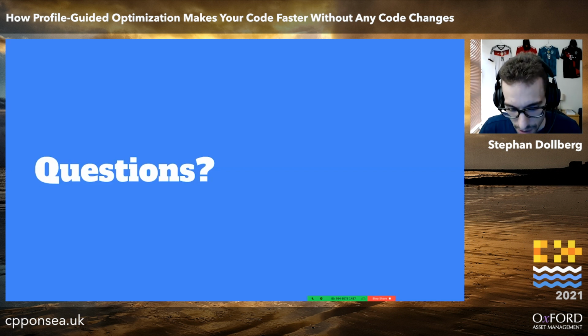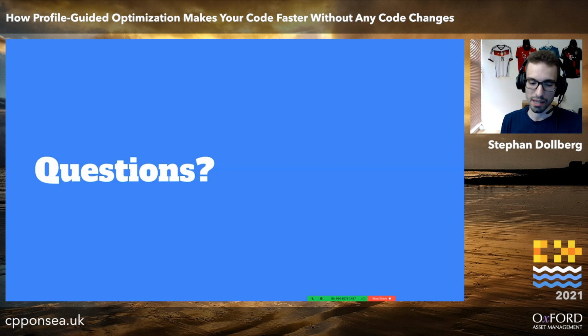That's fine. Is there anything like this on Windows that you're aware of? I haven't used the Windows version yet, but I know that MSVC is capable of using profile-guided optimization. I'm not even sure, maybe Chrome, when they were still using MSVC, was using the Windows version. So yeah, like I said, that's definitely a thing.